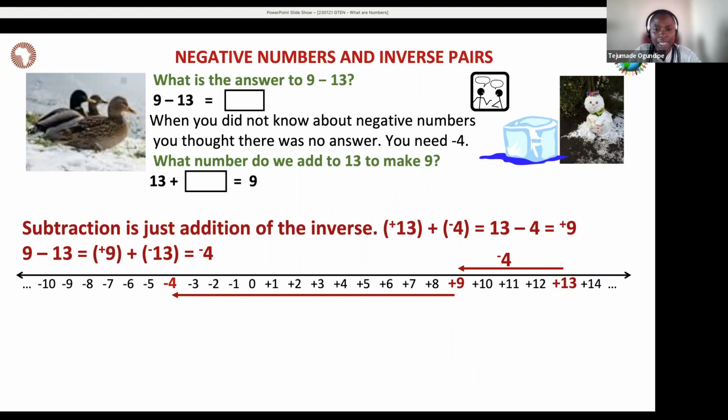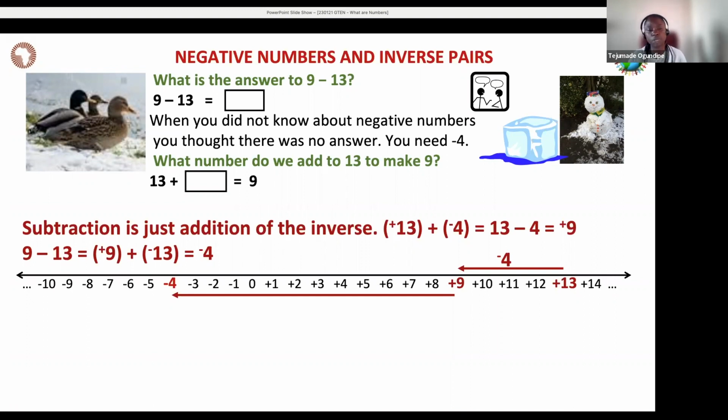Now looking at this number line, we start from 13 on the right side, and then you add negative 4, which is the inverse, and you're counting backward. That gives you 9. So that is 13 plus negative 4, which is 9. And now for 9 minus 13, we start from 9 on the number line and count backward 13: 8, 7, 6, 5, 4, and so on until you get to negative 4.